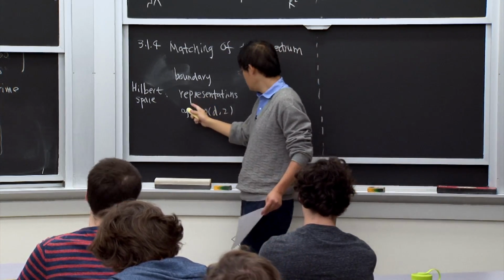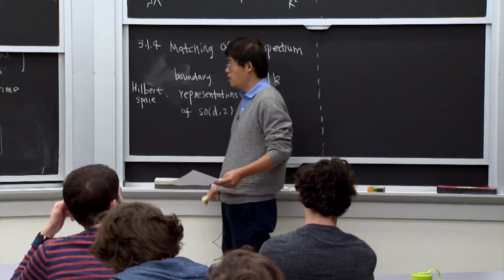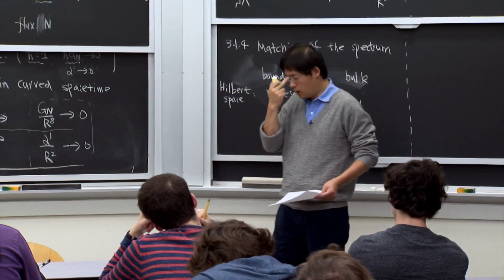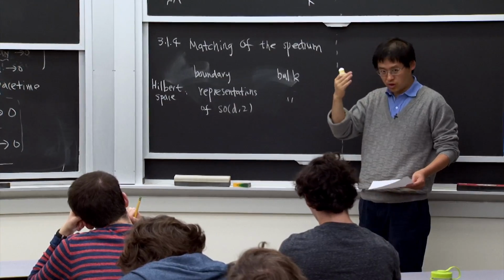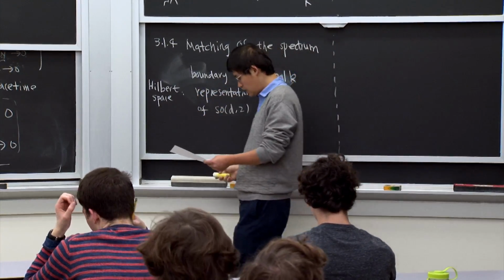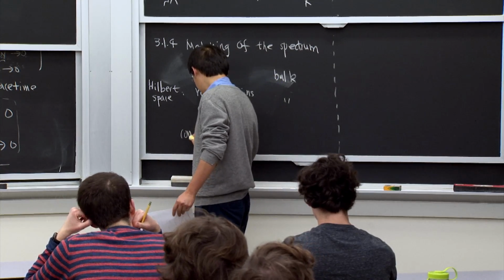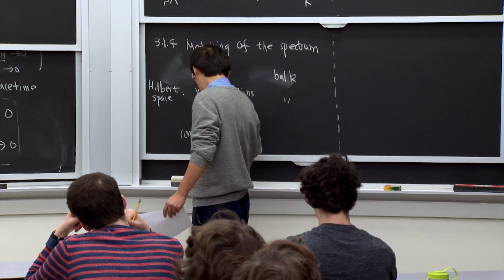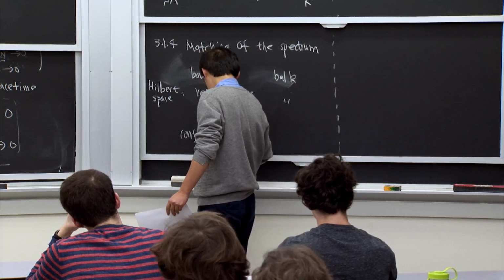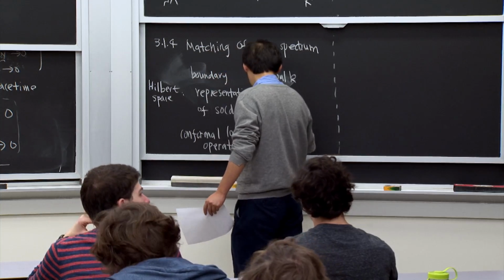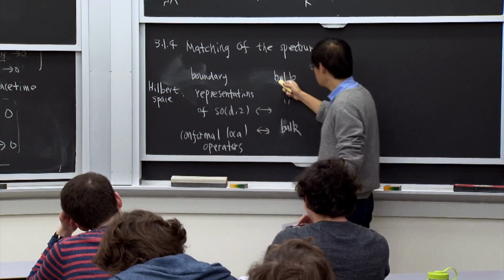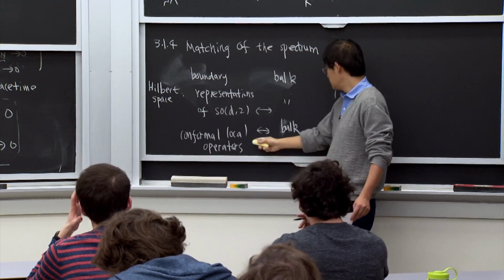And on the boundary side, the local operators should also transform in representations of the conformal symmetry, and again then say conformal local operators should also be mapped to say the field on the gravity side.